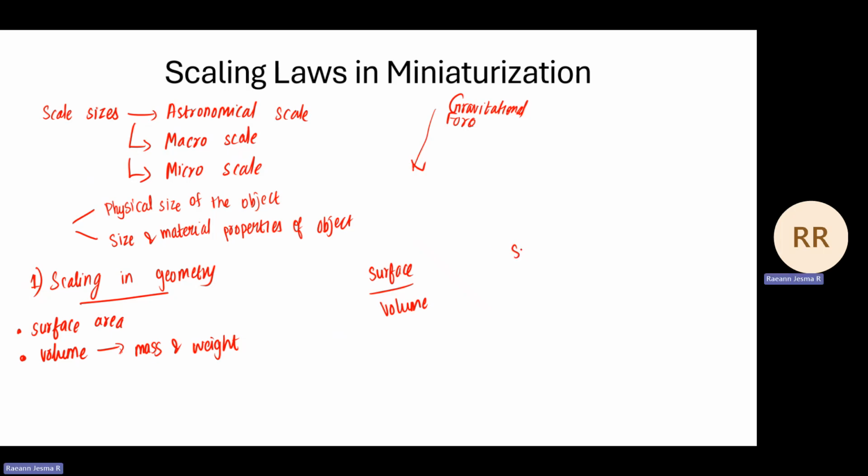We know surface is proportional to length scale squared and volume is proportional to length scale cubed. So your surface to volume ratio is inversely proportional to length scale, 1 by L. So as the size decreases, the surface to volume ratio increases.